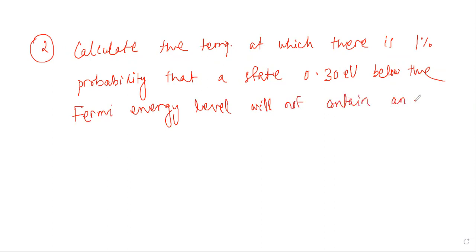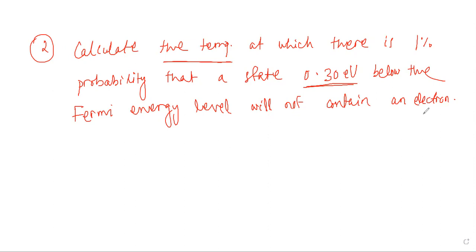You need to revisit the theory part. I have discussed in one of the videos what the Fermi Dirac distribution function is and how it gives you the probability of finding an electron in a particular energy state. Now here, the question says calculate the temperature at which there is 1% probability that a state 0.30 electron volt below the Fermi energy level will not contain an electron.